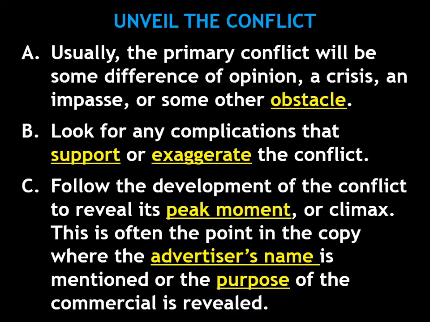So we need to determine what that is. Look for any complications that support or exaggerate the conflict. Find those things to help us at that point to create a sense of drama or tension in the way that we deliver words. Follow the development of the conflict to reveal its peak moment or its climax.